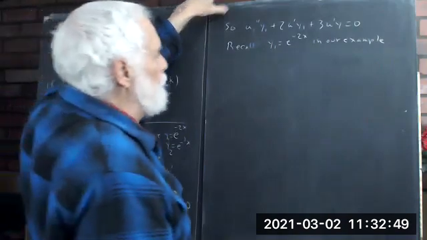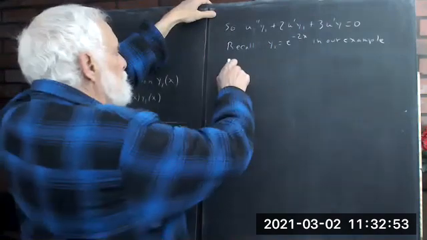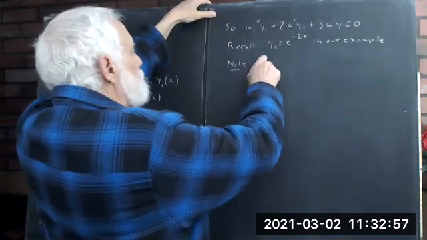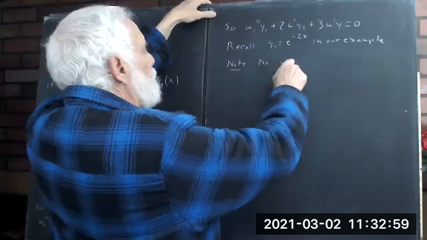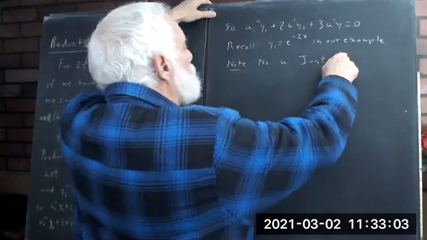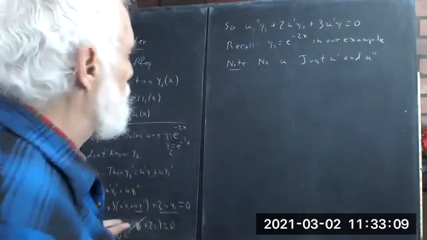y1 is e to the negative 2x in our example. We have no u, just u prime and u double prime.